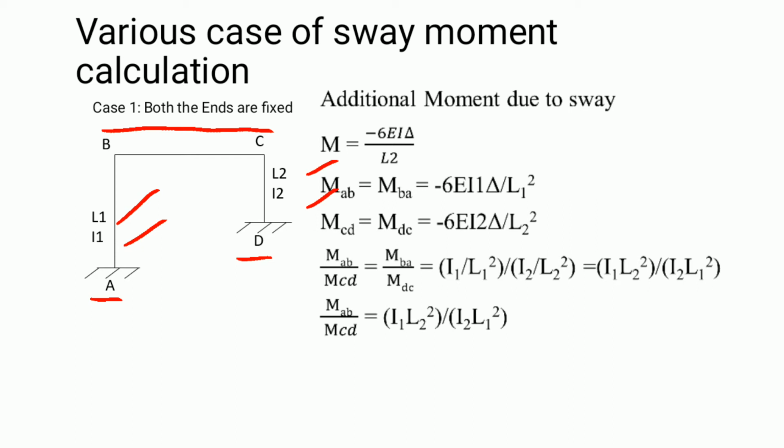In this case, the additional moment due to the sway, apart from the moments generated by the non-sway analysis, is calculated as M equal to minus 6EIΔ divided by L square.